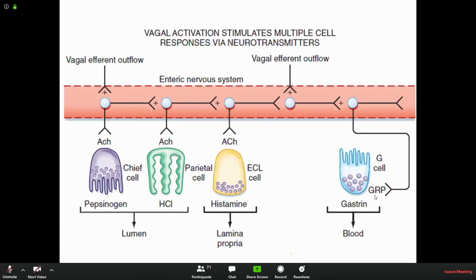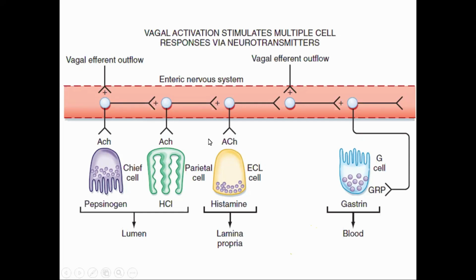The vagal efferent that acts on the G cell secretes gastrin releasing peptide as the neurotransmitter. In this area there is GRP, gastrin releasing peptide. In other areas there is acetylcholine. Right? So this is important for MCQs. We can keep this type of figure in the sporters also.